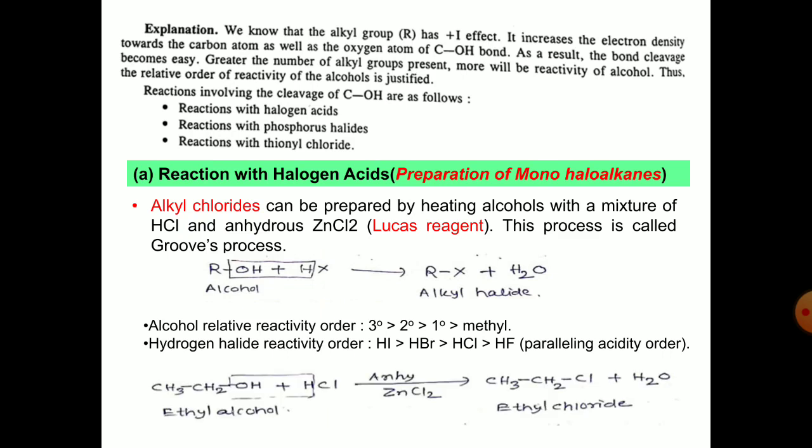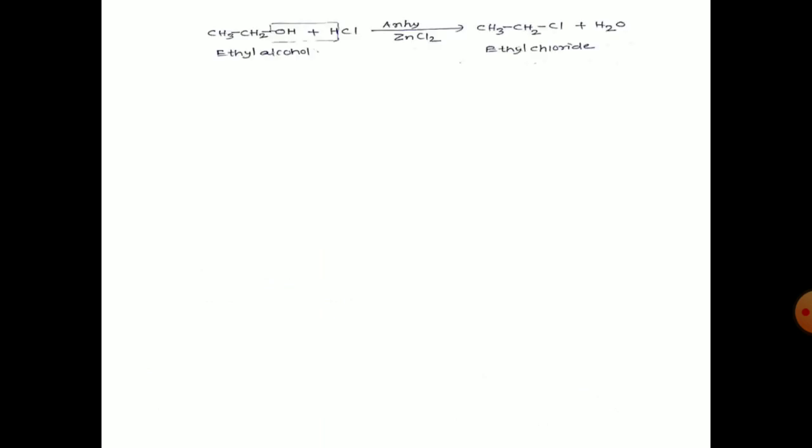I am just giving you an example. CH3CH2OH plus HCl in presence of anhydrous ZnCl2, the OH will be replaced by Cl and gives ethyl chloride plus water.